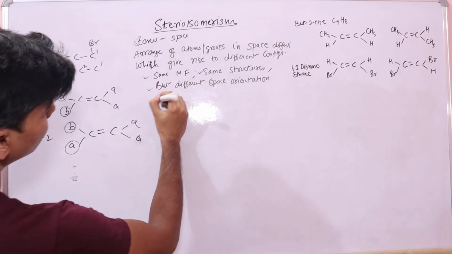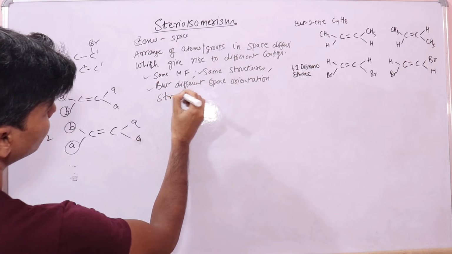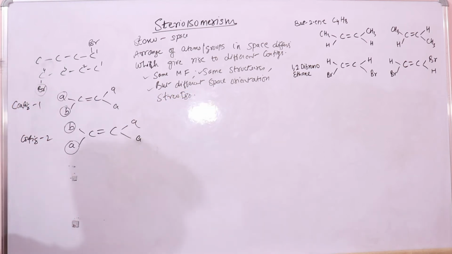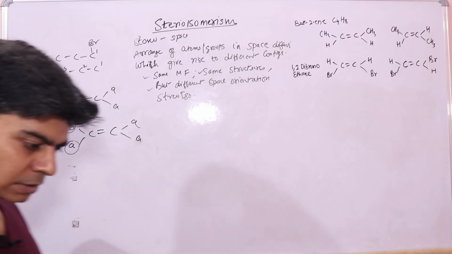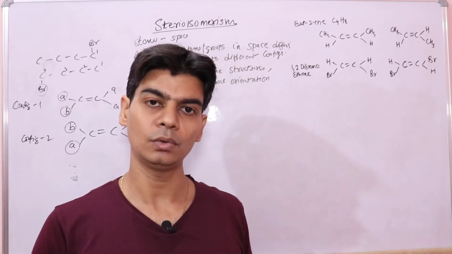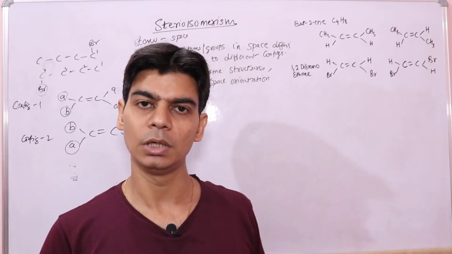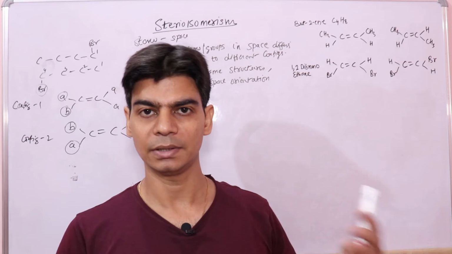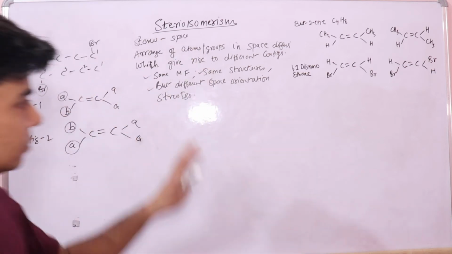So this is your stereoisomerism. From this we conclude that stereoisomers have same molecular formula, have same chemical structure, but how the atoms in a molecule are arranged in space is different, right?